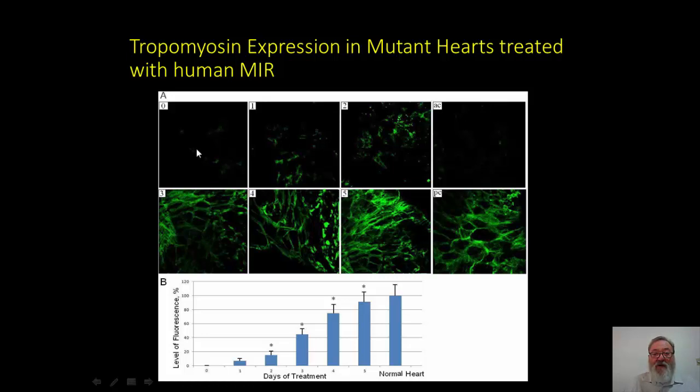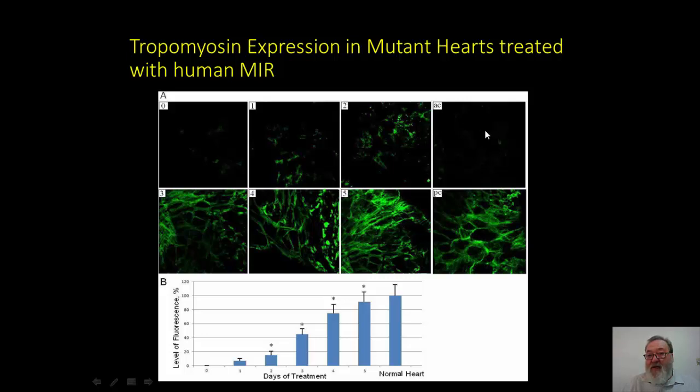But if we treat the axolotl hearts for varying time periods, here's the mutant axolotl heart at day 0, and this shows the tropomyosin day 1, day 2, day 3, day 4, and day 5. You can see that there's a progressive differentiation of that cardiac muscle structure, those cardiac myofibrils.